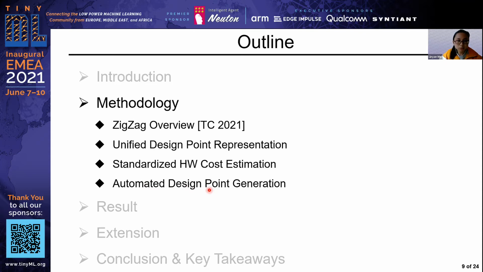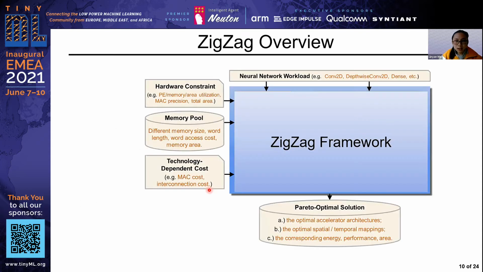So the ZigZag framework takes in the neural network workload definition. It can be the conv 2D or depth-wise, point-wise, or fully connected neural network dimension sizes.